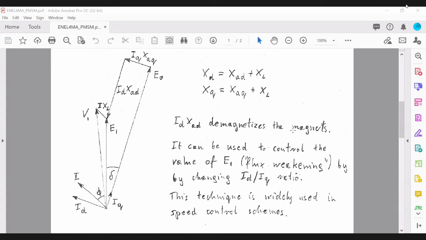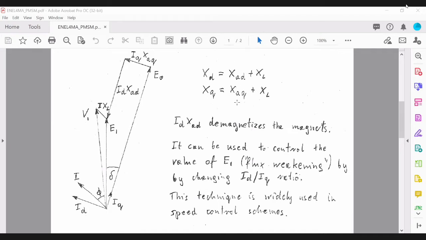So if you look at this next phasor diagram, you can see that the two reactances, XD and XQ, can be represented in a more detailed way, where we're splitting each into two components. And if you remember in the previous chapter, we had that armature reaction due to the D axis and Q axis. So it's the same here.